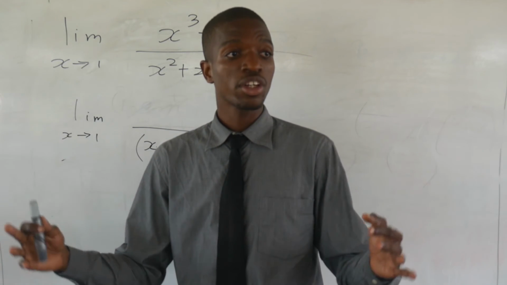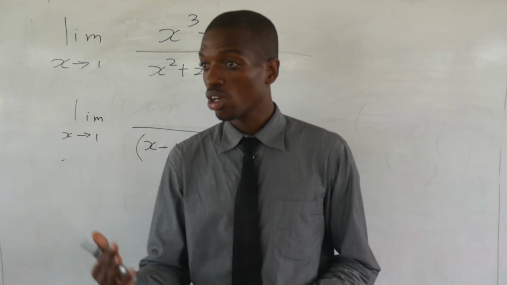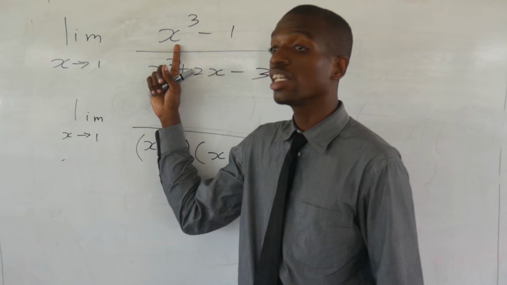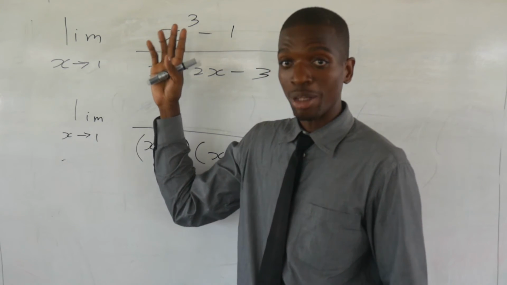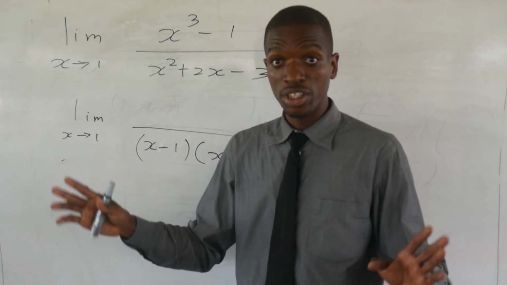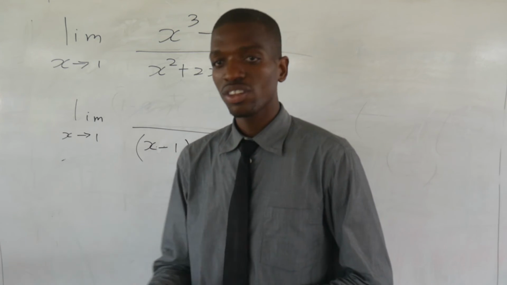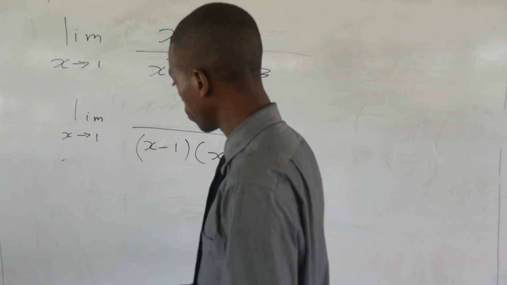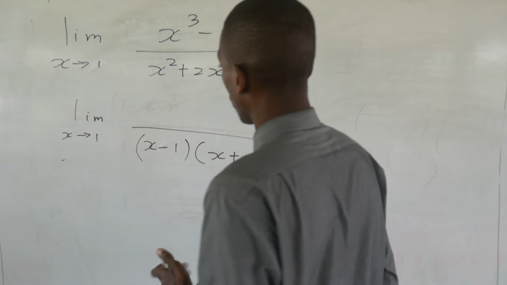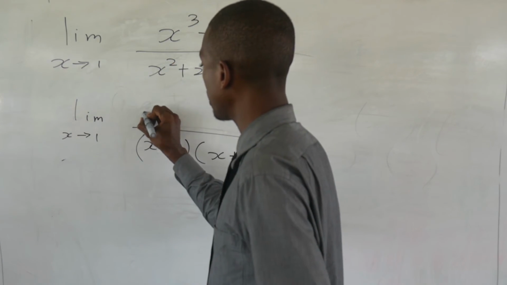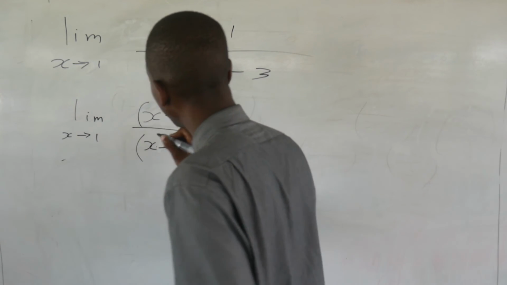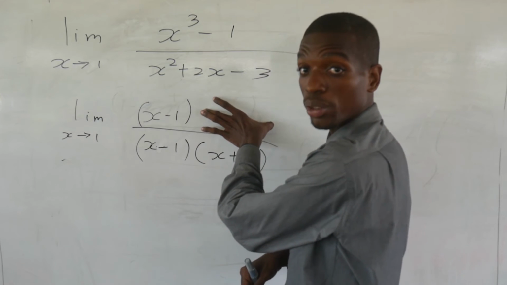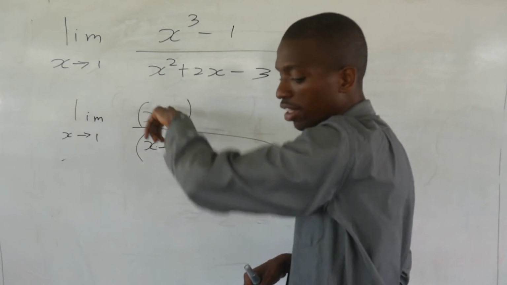Let's say you're in an exam, you really don't know what to do. This could be presented in a million different ways. It could be x to any power, and you have to factor out something and you don't know what would remain. What you could simply do is just divide. You know you have to turn this into x minus 1 times something you don't know what it is. Then just do polynomial division and divide this by this.